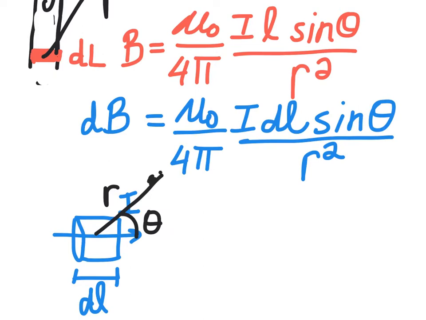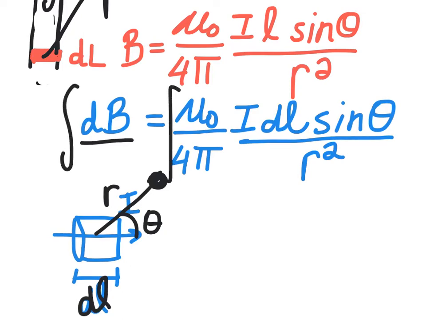And we're trying to write what is the magnetic field at this point due to this small little piece dl of the current. And that would give us dB. And then of course, if we were able to integrate this, we would be able to find the total amount of magnetic field at a particular point. So let's go ahead and try to do that problem.